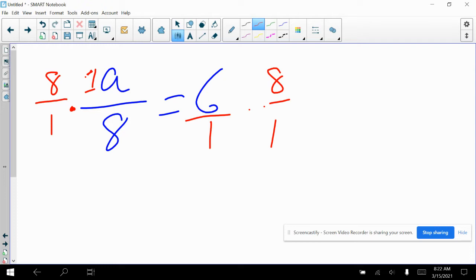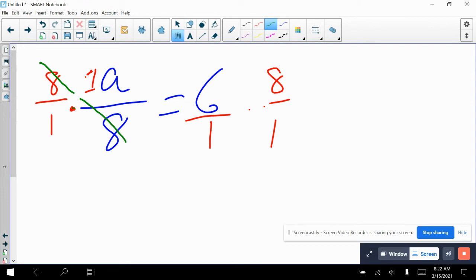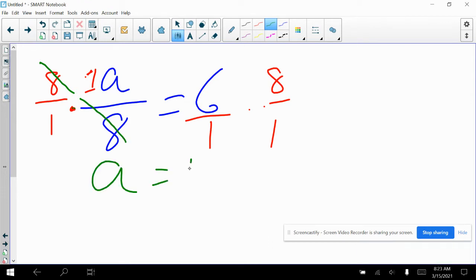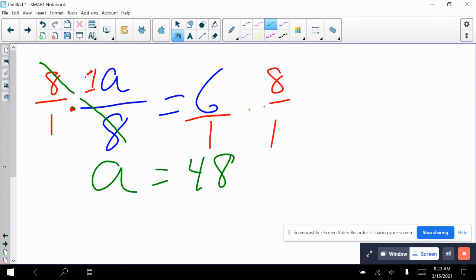Several years ago, this was an error question. And everybody said multiply by 8. And got it wrong. You're multiplying by the reciprocal of 8. Why? Because now you have fractions, yes? And when you cross reduce, now you're just left with your variable. The key here is you're multiplying by the reciprocal.